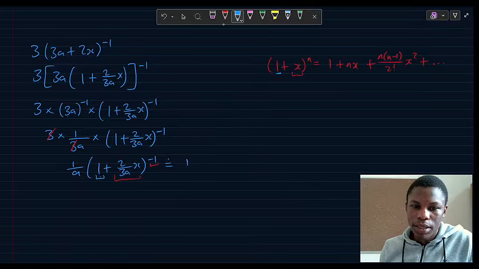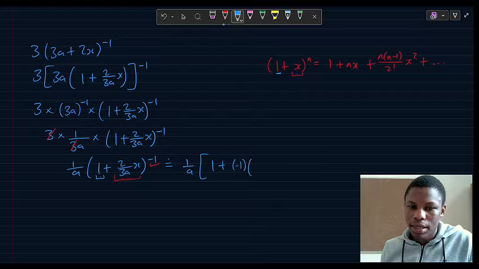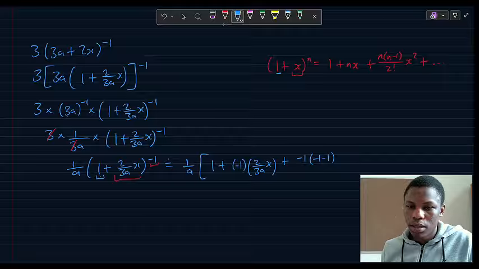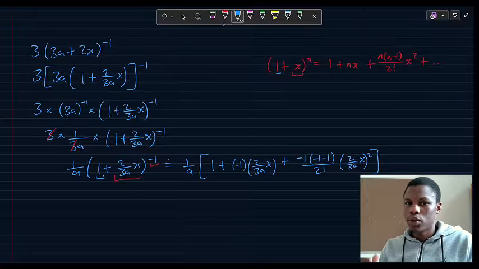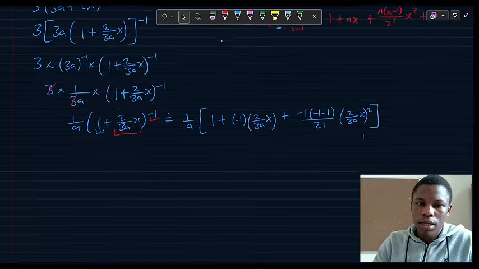So this becomes, remember everything's being multiplied by the 1 over a, this becomes 1 plus nx, so negative 1 times 2 over 3a x plus n, which is negative 1, n minus 1 over 2 factorial multiplied by x squared, so 2 over 3a x, and this is squared, and remember we're only going up to x squared.